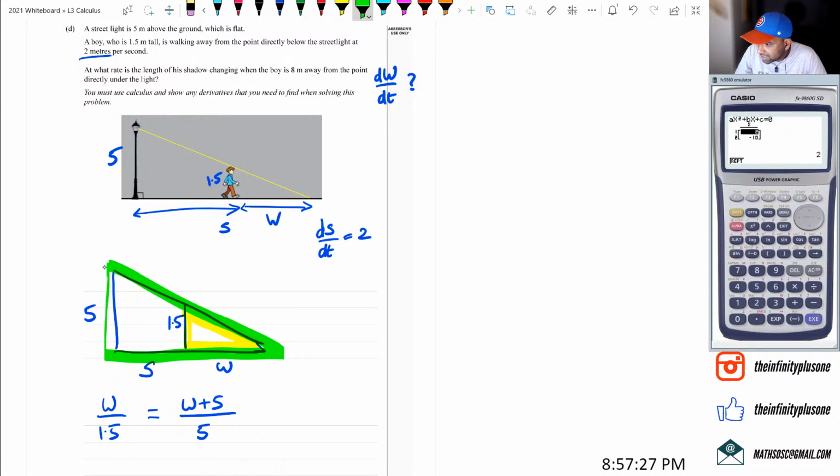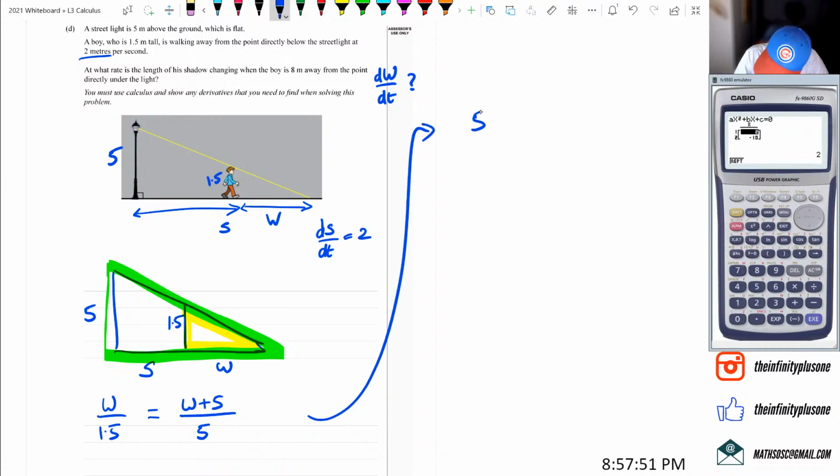Once that's done, what we're going to do next is rewrite this, writing S in terms of W. It doesn't matter which way you write it, because as long as you differentiate it, you'll still end up with the same ratios anyway. So we're going to cross multiply this.